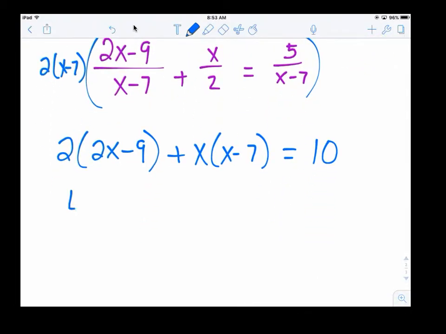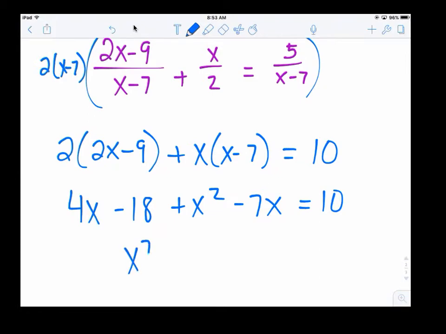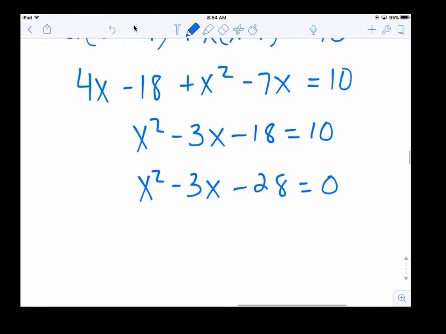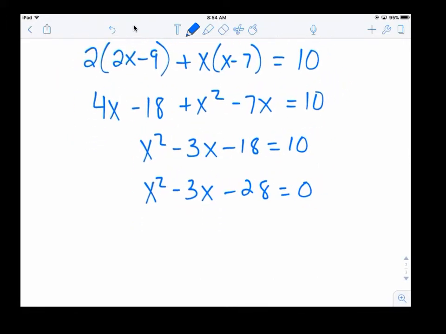All right, so I got 4x minus 18 plus x squared minus 7x equals 10. So what is that? That is x squared minus 3x minus 28 equals 0. Right, so you always want to put everything to one side, and then we're going to need to factor. So factors of negative 28 that add up to be negative 3.